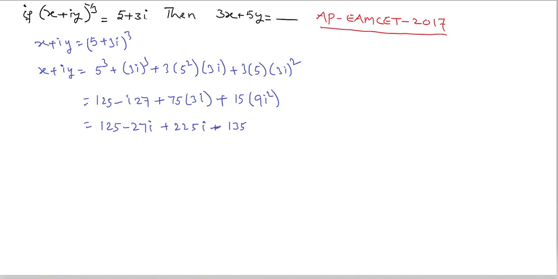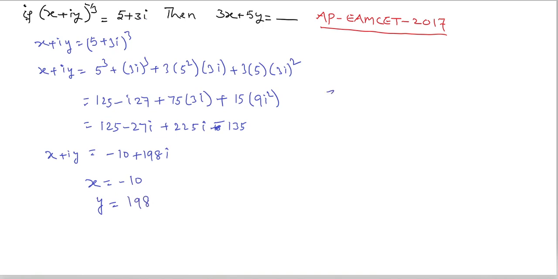I square is minus 1, this is minus 125 minus 135, that is equal to minus 10, minus 27 plus 225i plus 98i. This is x plus iy, therefore equating real parts, x is equal to minus 10, and equating imaginary parts, y is equal to 198.